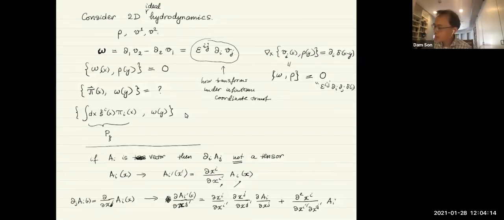Tensors of second rank transform in a similar way as a vector, except that in addition to this matrix dx over dx', we have two factors. But the second part prevents the derivative of the vector from being a tensor.